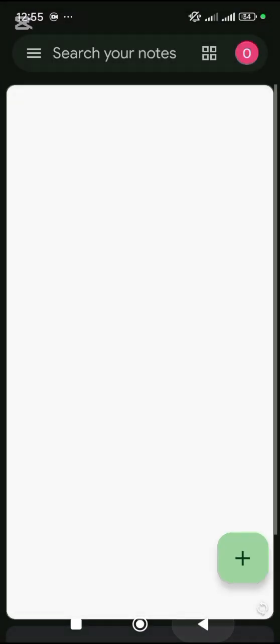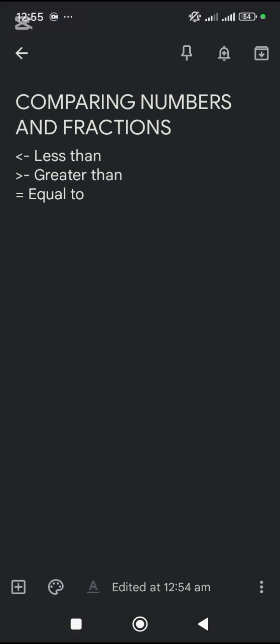These are mostly used in inequalities, but that's not what we are doing today. Our concentration for this class will be on the equal to, less than and greater than signs.